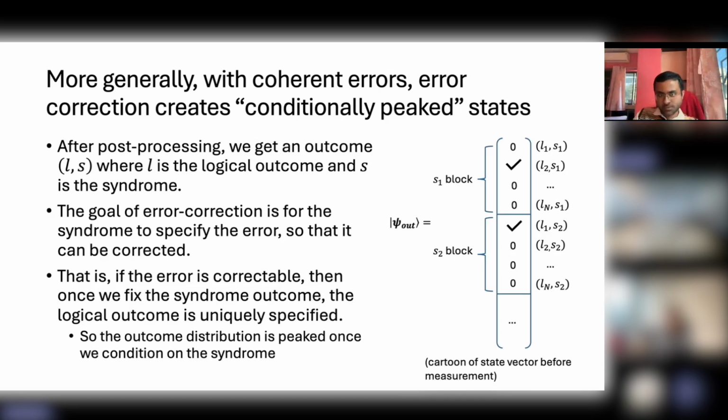It has to be for QEC to work. That is conditional peakedness. Any questions here? Okay, if not, this is the key insight which we will use to design a quantum advantage experiment.